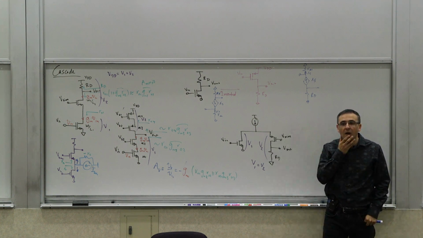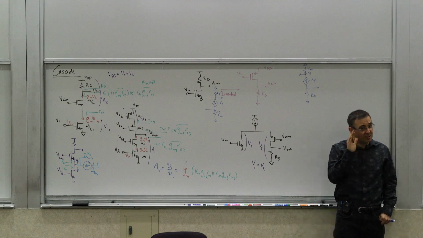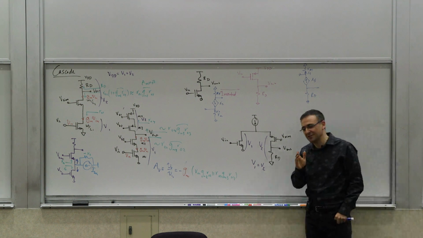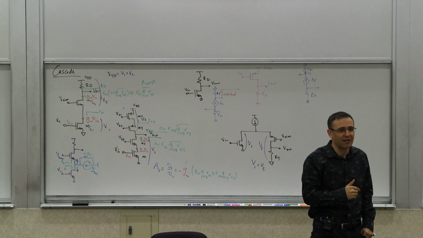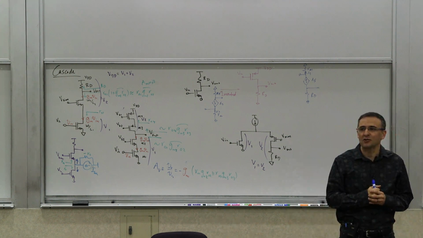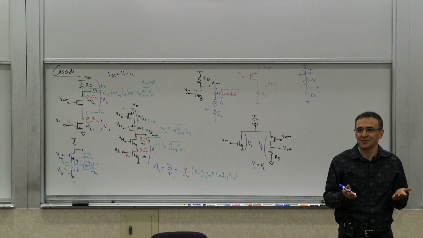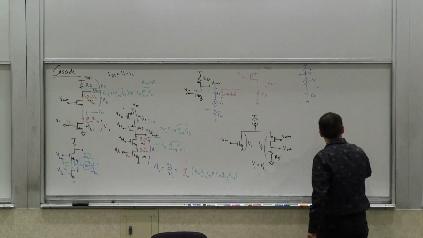What if the current source is in the current path? Let's talk about it. If you have a current source in series with anything, a current source in series with another element that's not a current source, what is it? It's a current source, right?